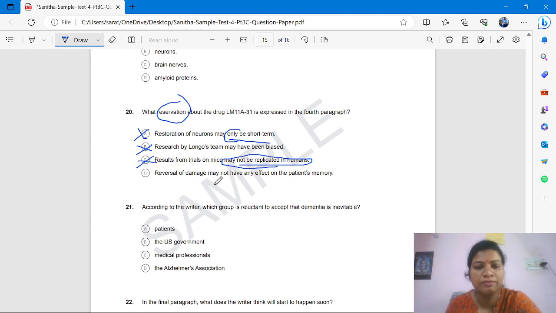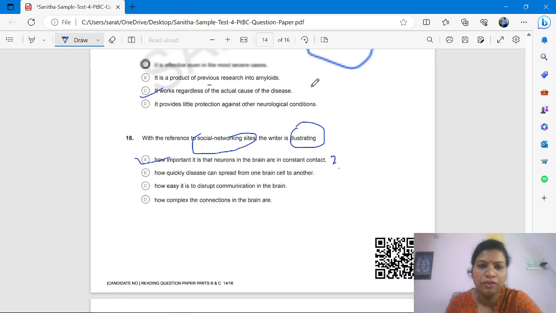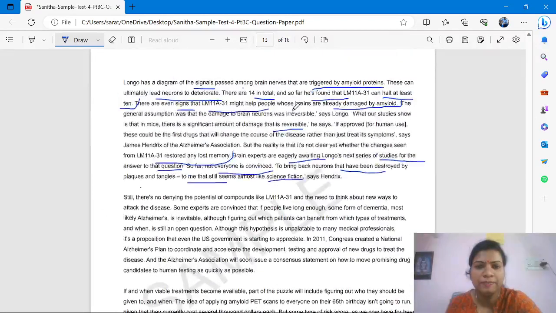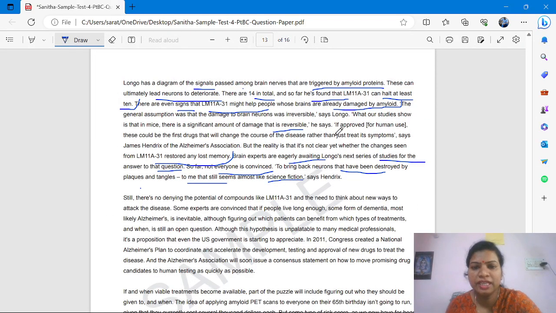Reversal of damage may not have any effect on the patient's memory. What is the reservation about the drug that is expressed? We have to find this answer from where? We have to read the sentence from here. If approved for human use, this could be the first drug that will change the course of the disease rather than just treat it, says James Hendricks of the Alzheimer's Association.